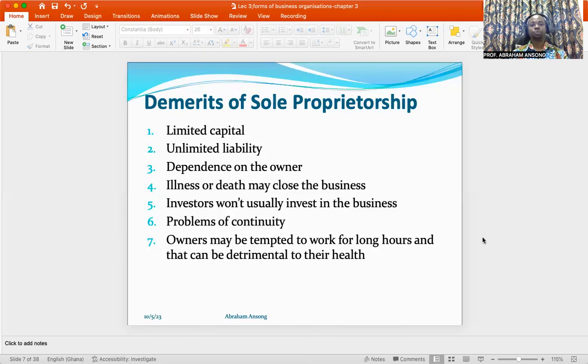But if it is a sole proprietorship, there is no distinction between the debt or liability of the company and that of the owner. So if they were to sell all of the assets of the business, and that cannot help in paying the liabilities of the business, your personal assets and property can be attached, or can be sold in order to defray the liabilities of the company.